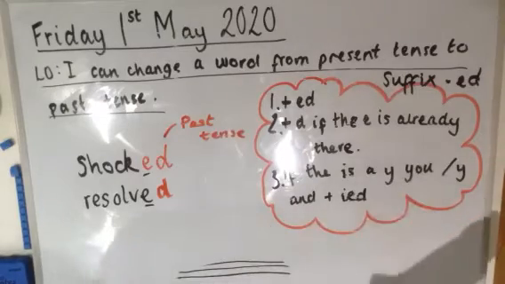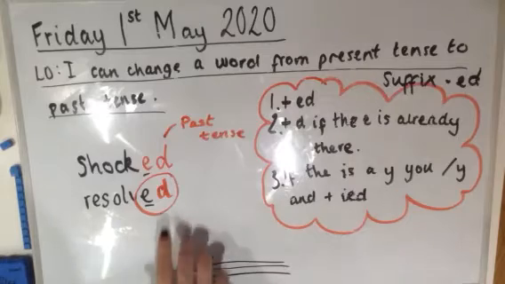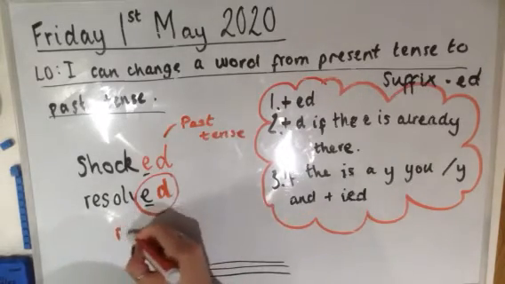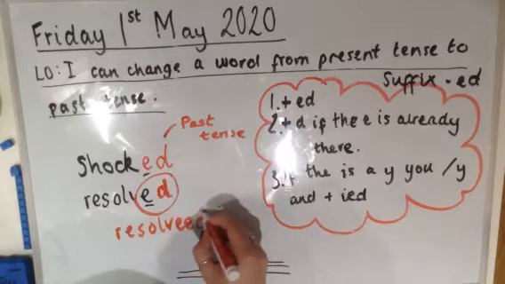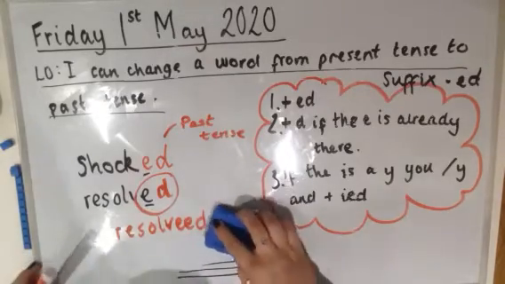Okay? And that still has our ed suffix, but the e is already there. We don't need to add another e. It wouldn't be correct if we had written resolved with 2 e's. That's not correct. The e is already there, so we don't need to do that one again.